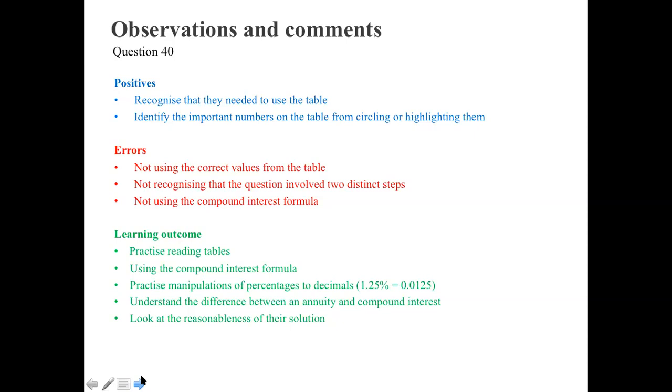So really, if they're going to convert them to decimals, make sure they are correct. So practice that. They need to know the difference between an annuity and compound interest, because obviously the table was for an annuity and compound interest is something totally different. When they look at their solution, when we are talking about money, they really need to look at how reasonable that solution is.